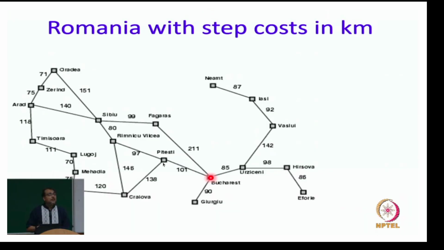Now see this example. This is the map, and nodes are the places, and the distance is like a step cost in kilometers. Fine. You are at some node, right?